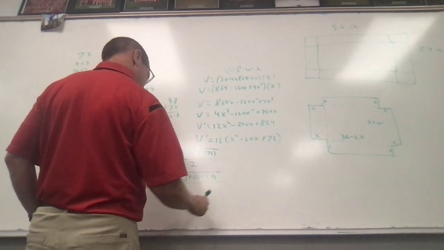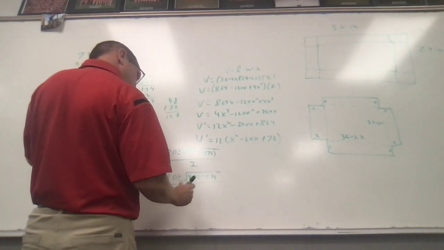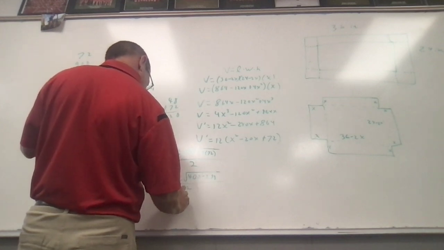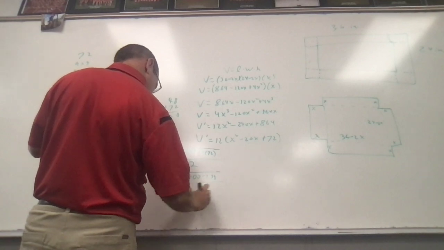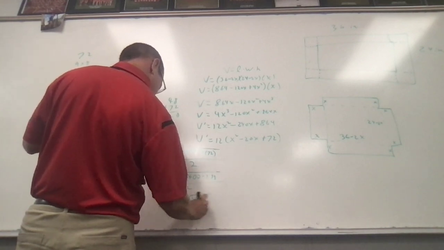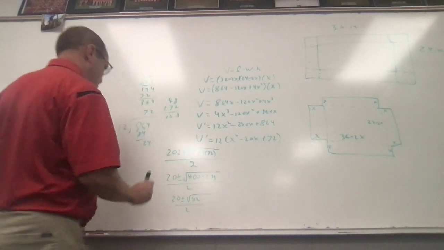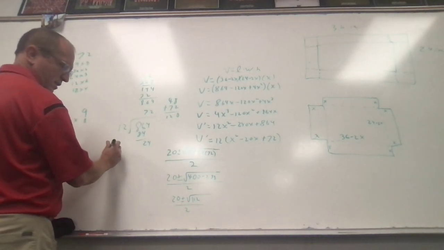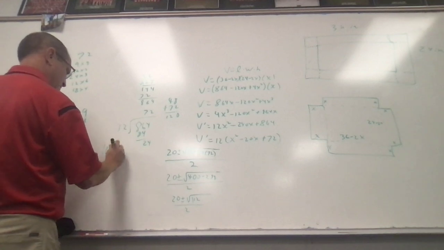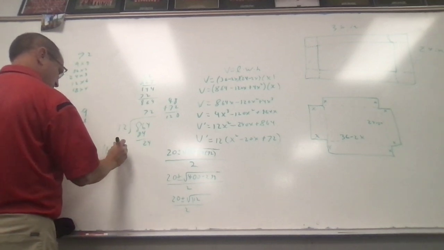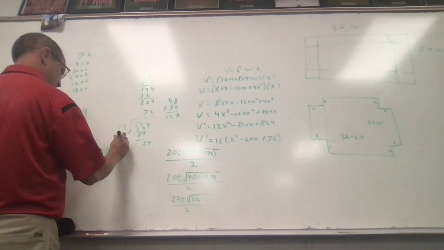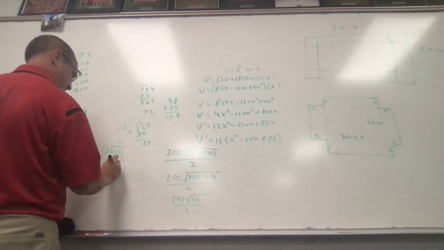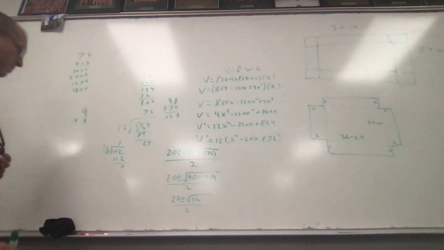And then 400 minus 288 is 112. And 112, 4 goes into it. Does 16 go into it? Yeah. So 16 times 7.